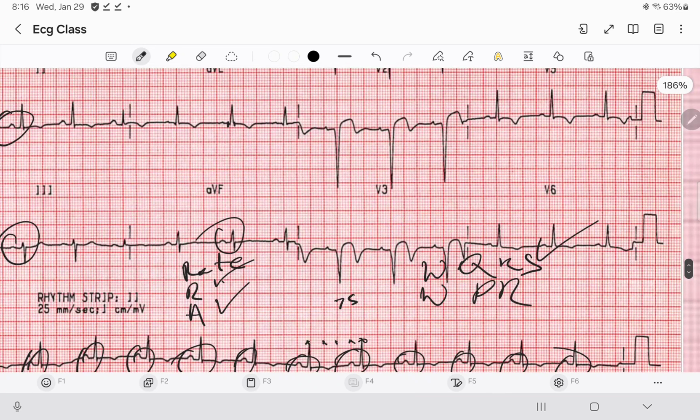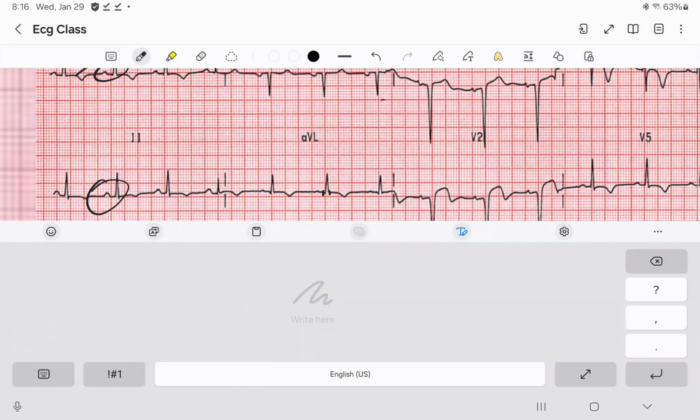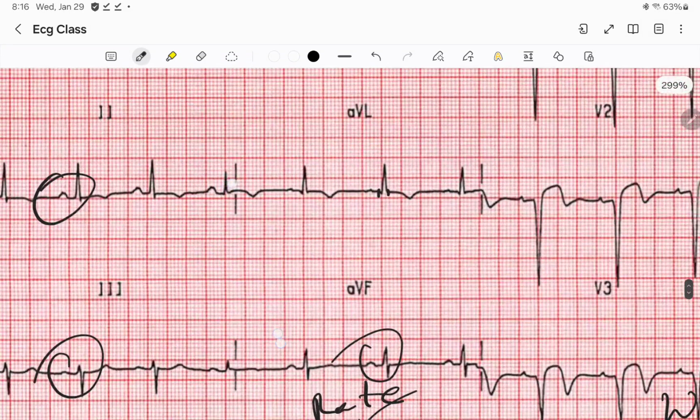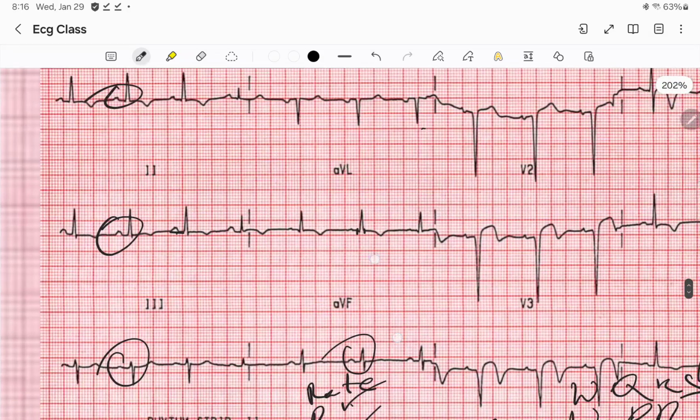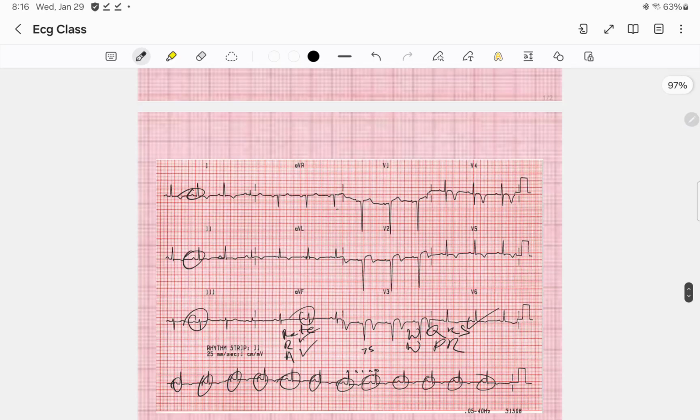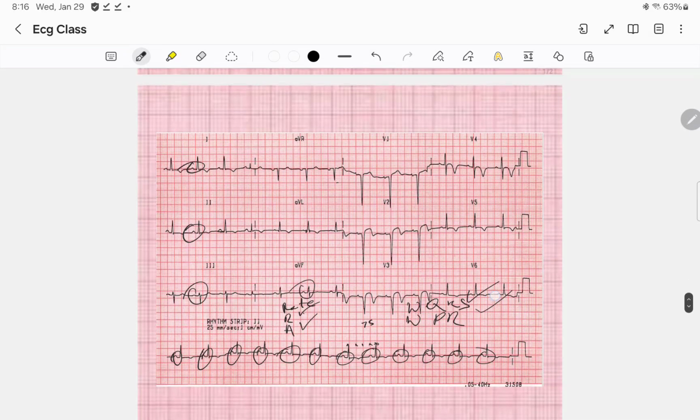Let's use lead 2 again. It's from about here to here. If I had to guess, I would say it's about 4, maybe almost 5 small boxes, which is fine. All right, so this is a normal sinus rhythm ECG again.